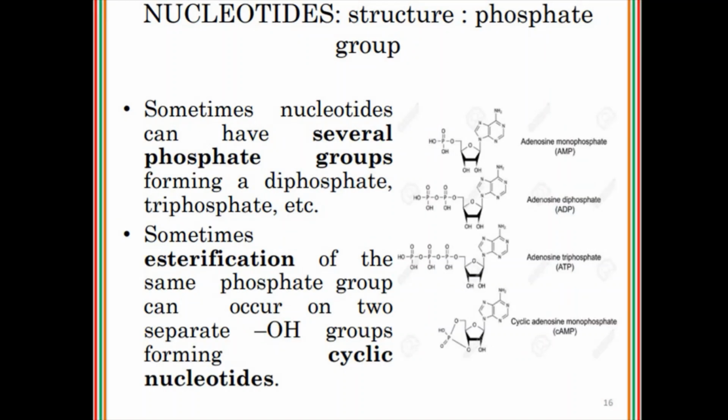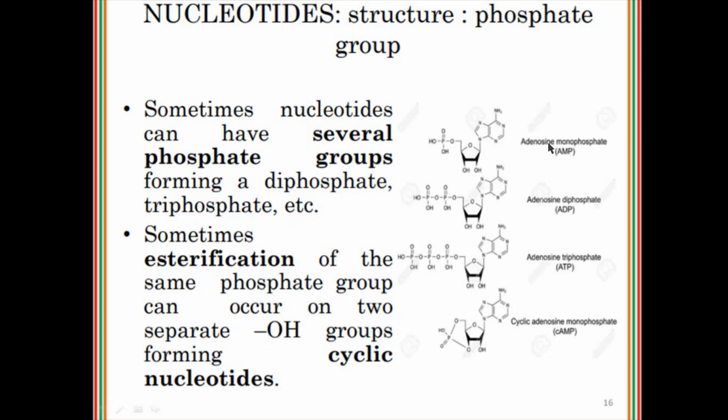All right, this slide is showing us examples of the nucleotides that we have. If the nitrogenous base bonded at carbon number 1 is adenine, and there's only one phosphate group bonded to carbon number 5, the name of this nucleotide is adenosine monophosphate.